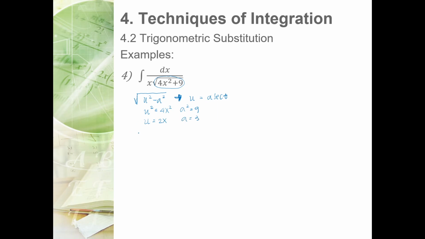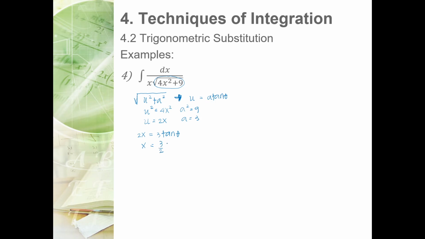So again, utilize the formula. That would be 2x equals 3 secant theta. Here it is secant, but it's plus, so it should be tangent. Okay, so before we try to derive this one, let's isolate x first.